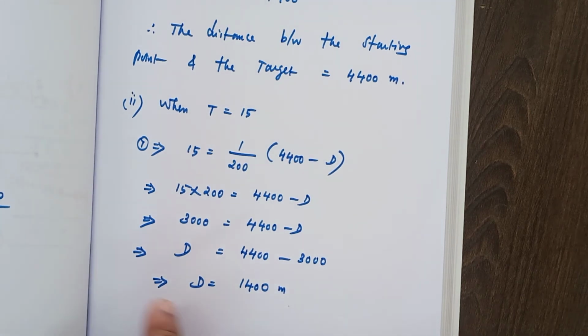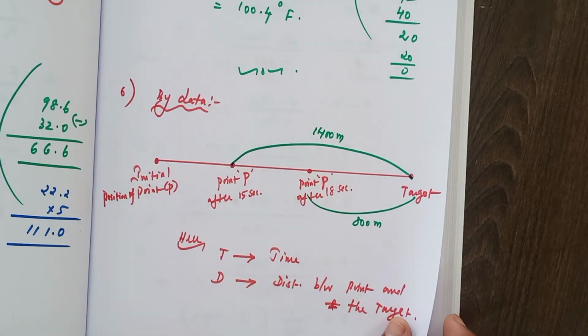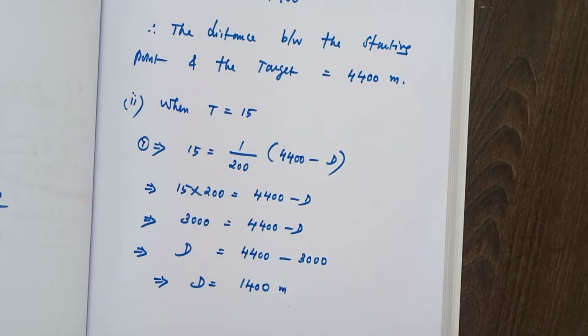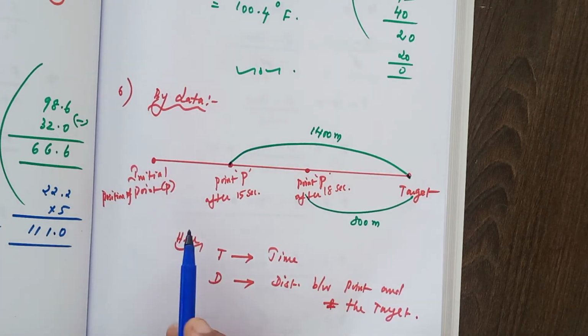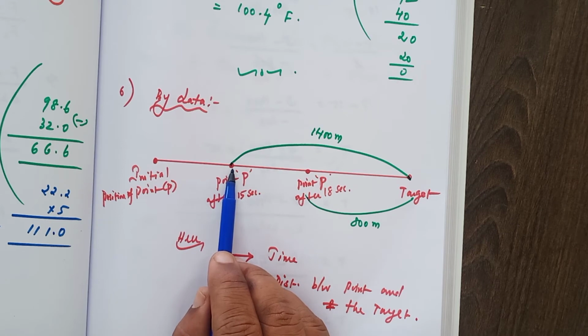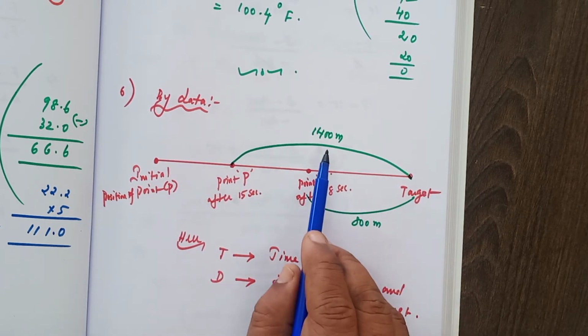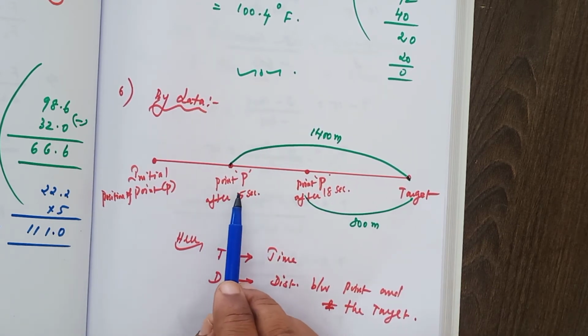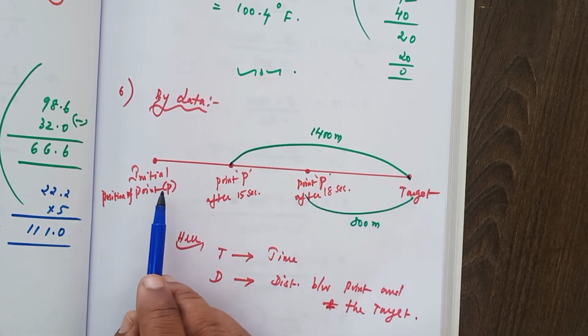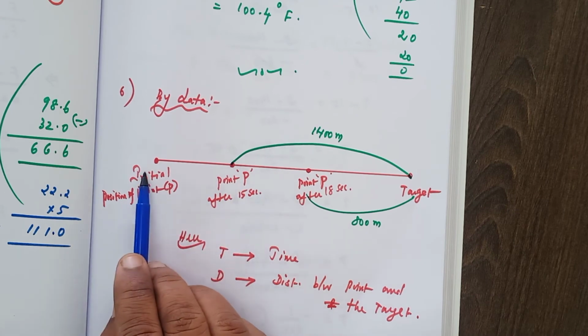This 1400, look at the diagram. Already you are given that the distance between the point P and the target is 1400 after the 15th second, from here to here. But the question is, how much distance is covered from the initial point?